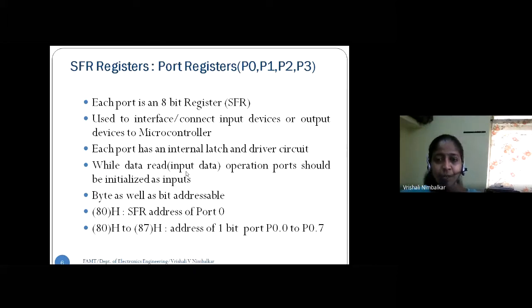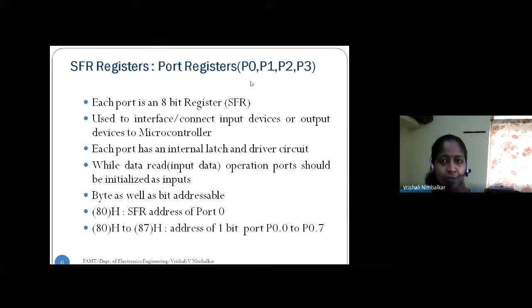So this is one important point you should remember. Whenever you're using them as inputs, you need to initialize and then use. For using it as an output, initialization is not required. So that is regarding ports P0, P1, P2, P3.